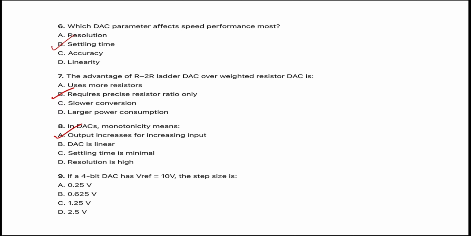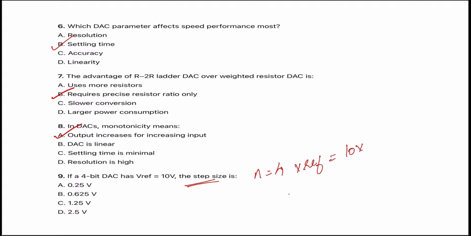Next question. If a 4-bit DAC has V reference equal to 10 volt, the step size is? Here N is equal to 4 and V reference is equal to 10 volt. We are asked to find the step size.